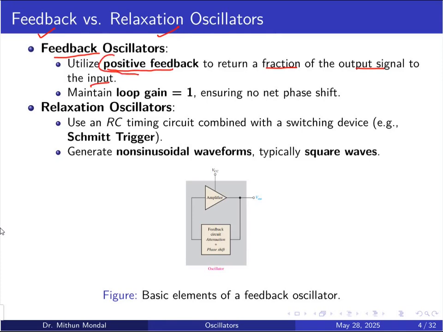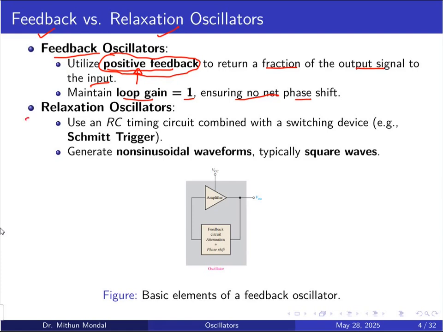We have discussed positive and negative feedback circuits in the operational amplifier. Feedback oscillators use positive feedback in the op-amp, and the loop gain is basically 1 to ensure that no net phase shifting is there.